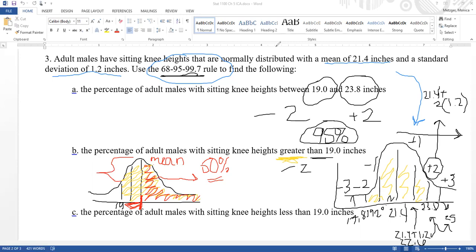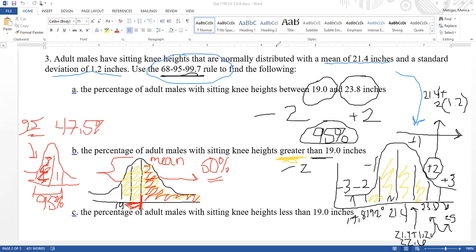So I know if it's 2 within each side, that I had 95%. So if I only want half of that, I'm going to take half of 95. You end up getting 47.5. And that now is added to that 50%, right?